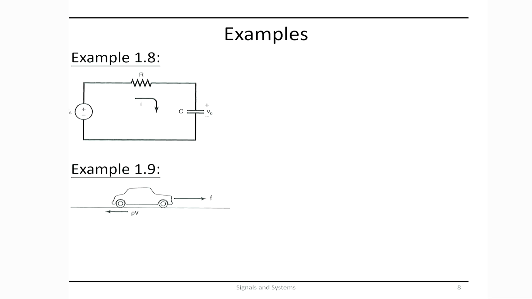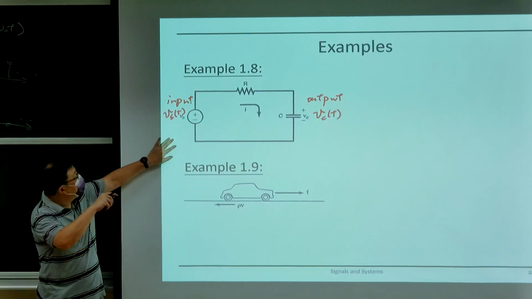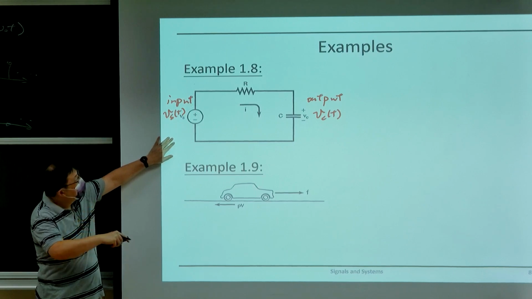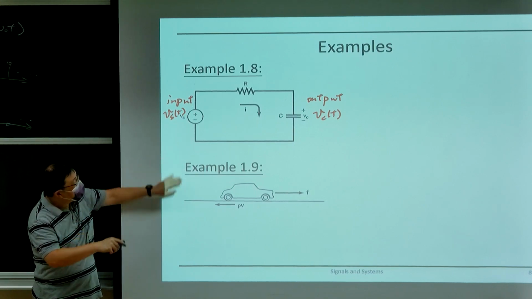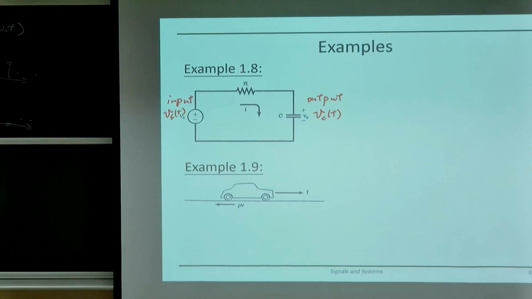In this system, we're treating the input as this voltage V sub s of t, and we're treating the output as the voltage across the capacitor V sub c of t. We treat the input as the voltage of the source, and the output as the voltage across the capacitor.